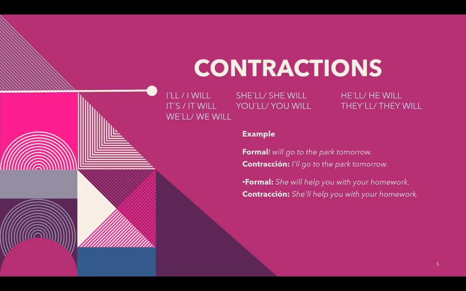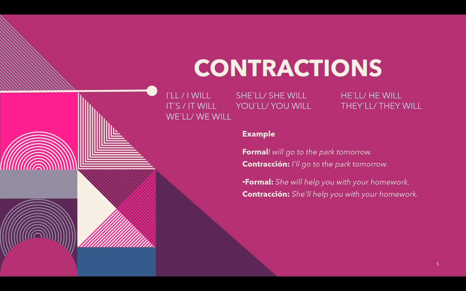For example, when I say I will, the contraction is I'll. For she will, the contraction is she'll. For he will, he'll. For it will, it'll. For you will, you'll. For they will, they'll. For we will, we'll.